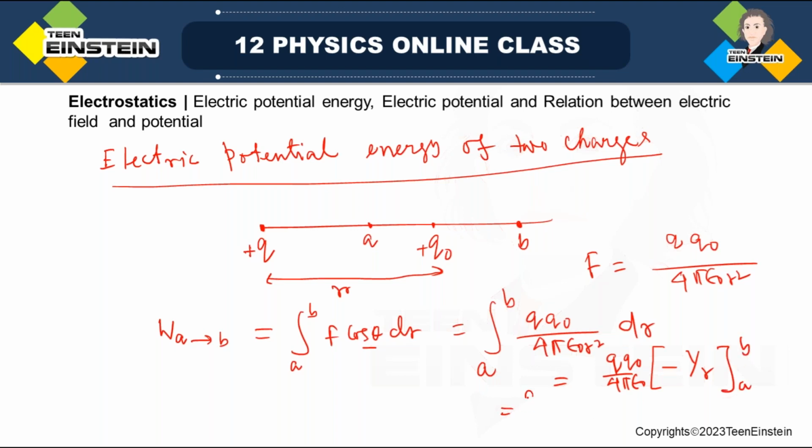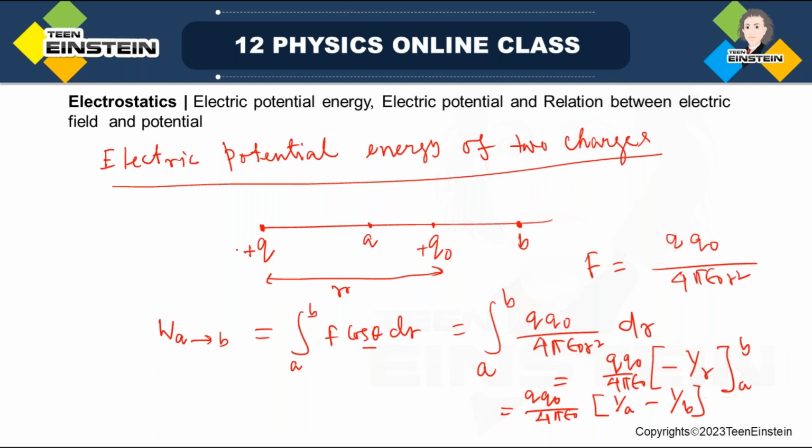If we write in this way, 4 pi epsilon naught, and this I can write 1 over A minus 1 over B. So this is the potential, sorry, work done. This is the work done in bringing the charge q0 from A to B and within the electric field created by this positive charge q.